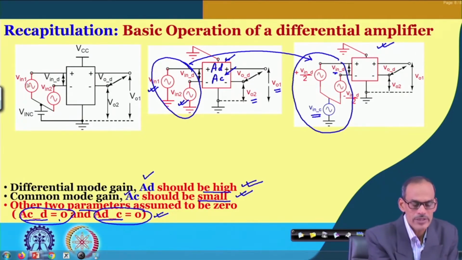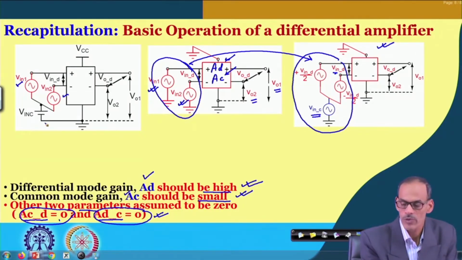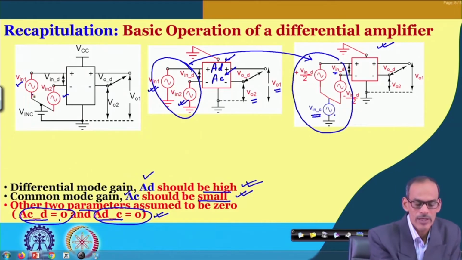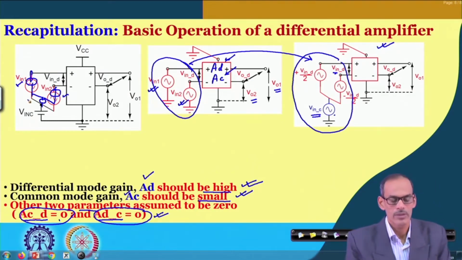In fact, in the actual circuit we may consider a similar kind of arrangement, namely a common mode signal going to both the circuits, and two halves of the differential signal.